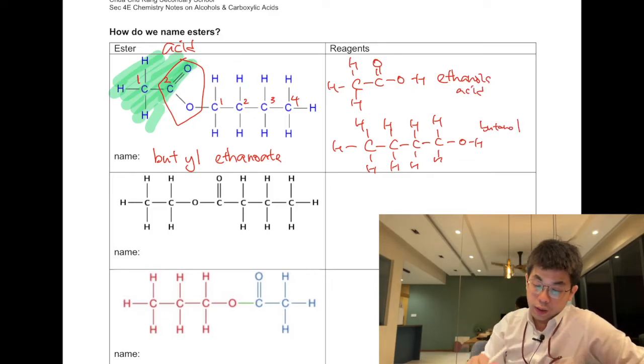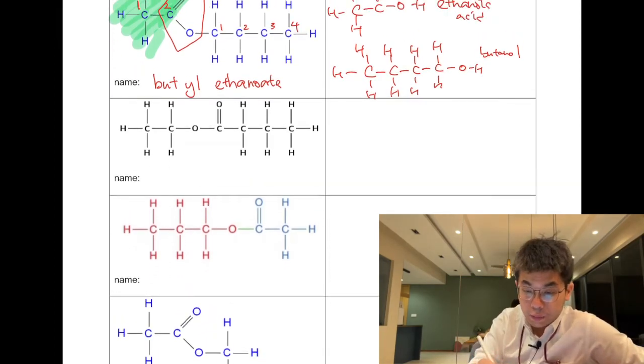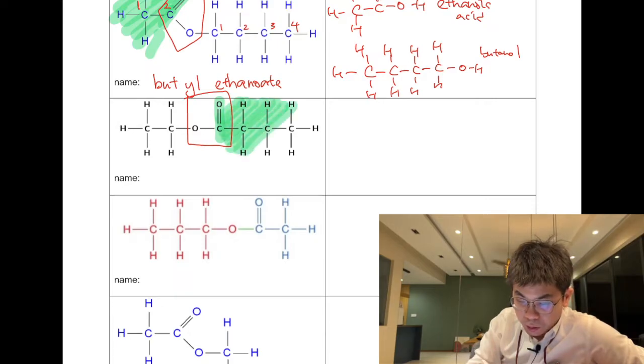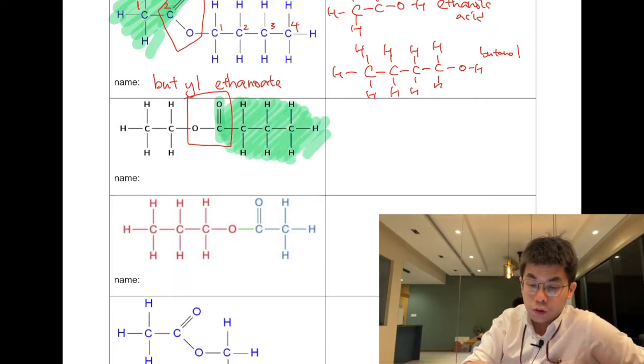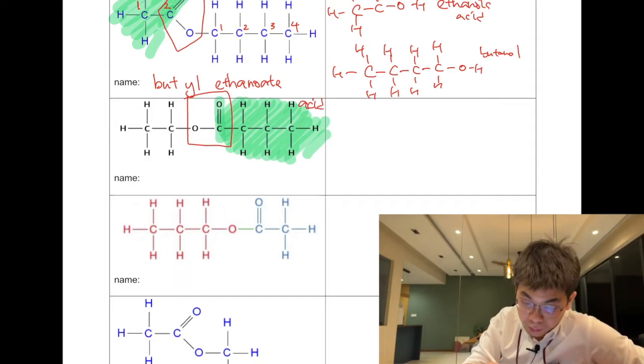Okay, let's do the next one. So we got another ester. Again, what I told you, look for the C double bond O. I found the ester link and I find the C double bond O. That means that this whole part, including the C double bond O, must come from the acid. Then we count the number of carbons. Remember to count the C double bond O. 1, 2, 3, 4.